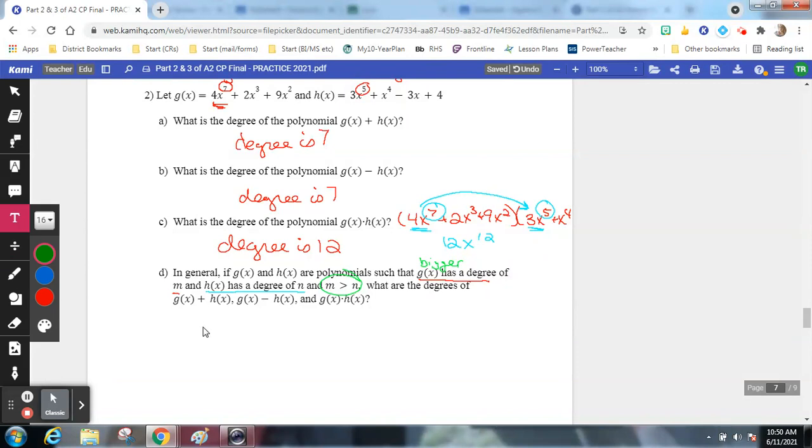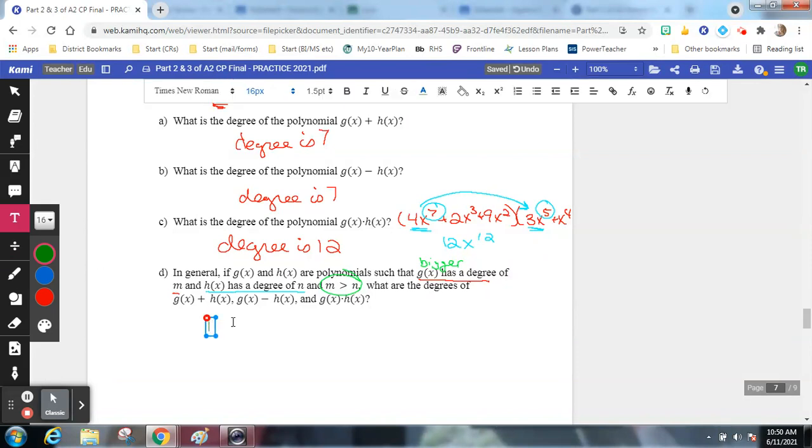Okay, so in general, just like I said above, with the adding and subtracting, so g plus h and g minus h takes the higher degree, which is m in this case.